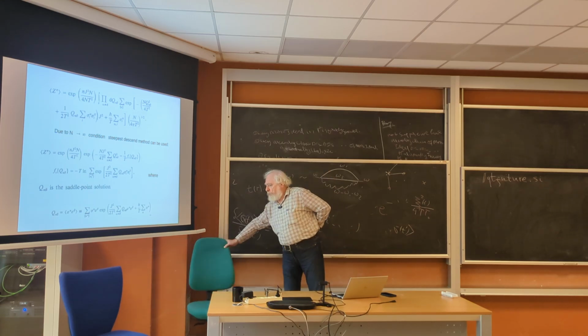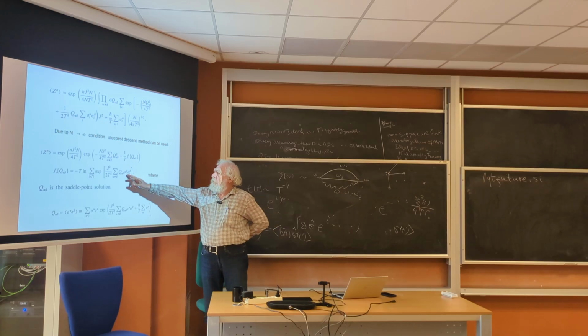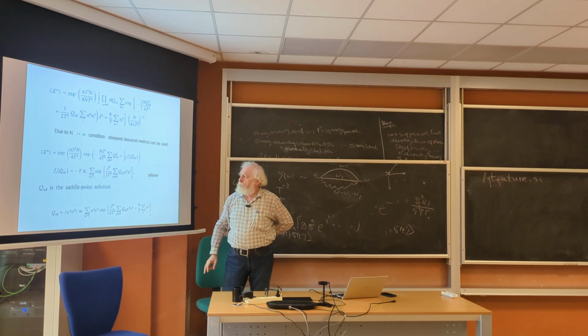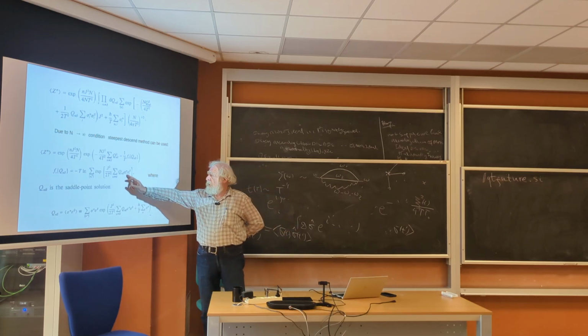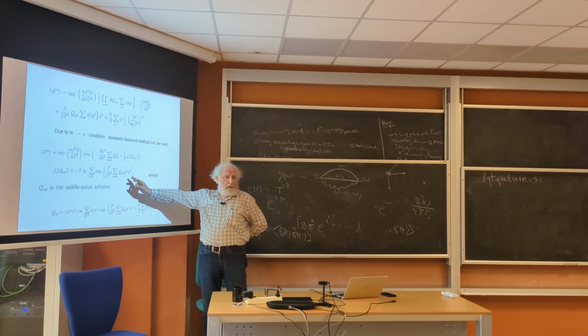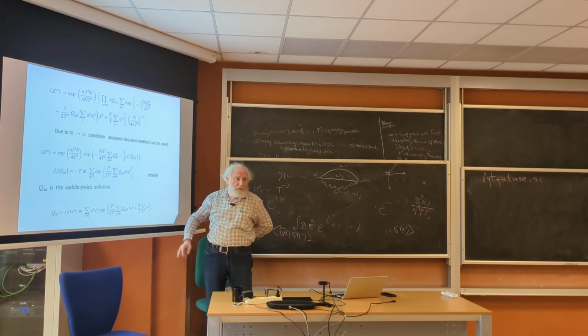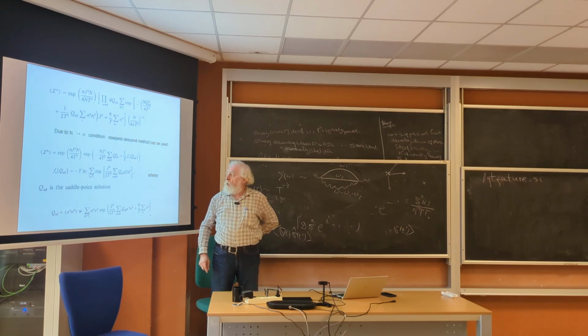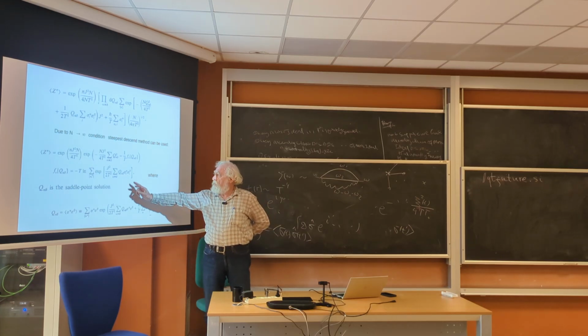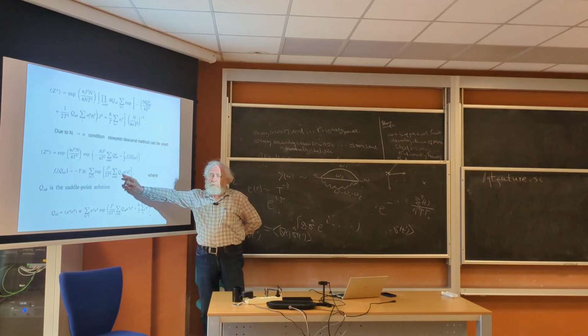Now this object here is a free energy, which now refers to each side independently. Here you have only I, because coupling between I and J is already removed by this transformation. But you still have coupling between alpha and beta with this matrix.